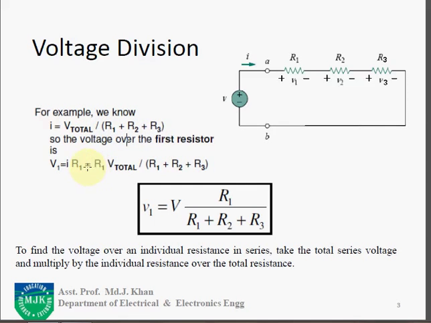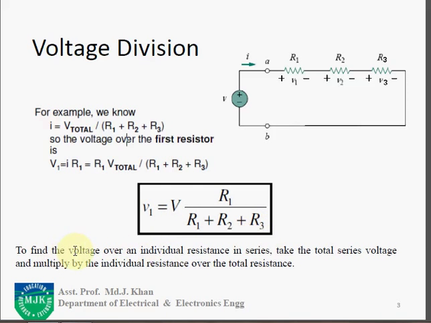So we have put the main equation in place of I. By solving, we can find that V1 is equal to V, the main voltage, into R1, upon the total resistance.